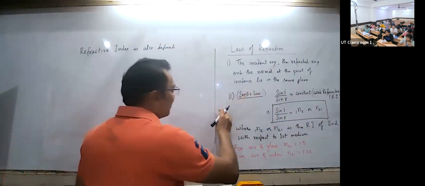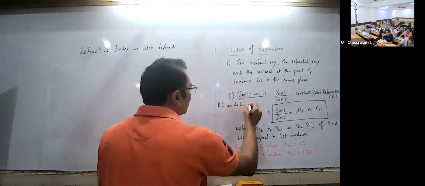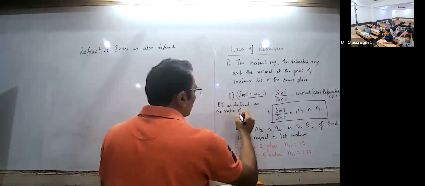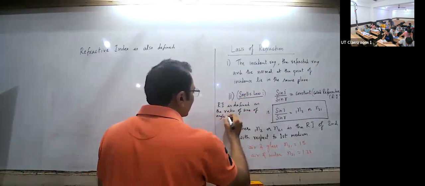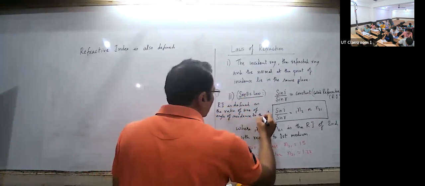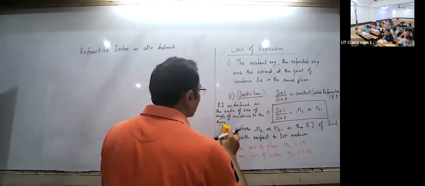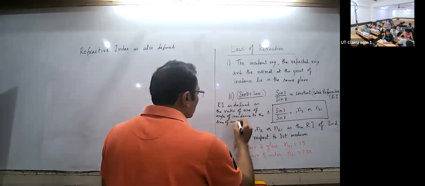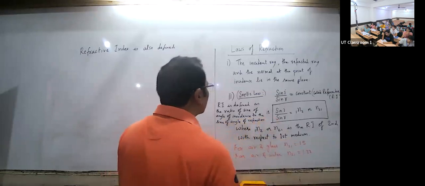So in English, you will write that refractive index is defined as the ratio of sine of angle of incidence to the sine of angle of refraction.